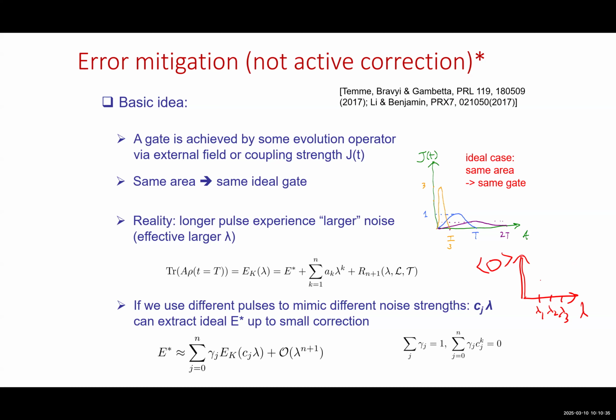And maybe you have a few points like that. And so what you do is you extrapolate this to zero lambda, and then say this is your expected noiseless result. Of course, doing the extrapolation can increase the standard deviation.